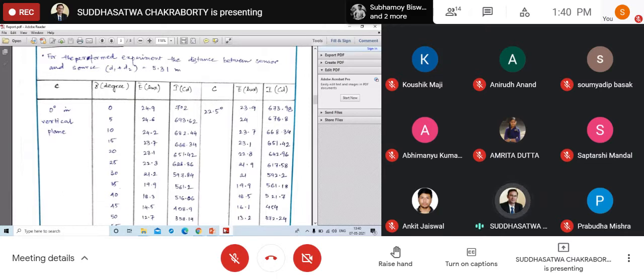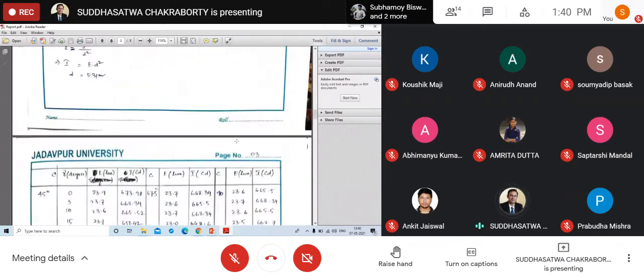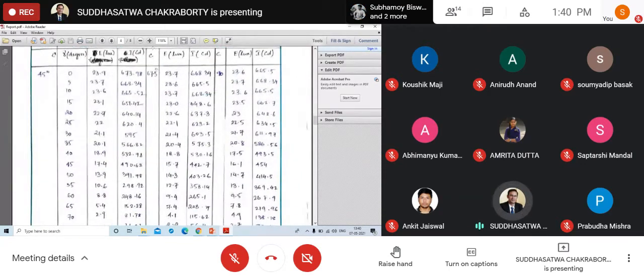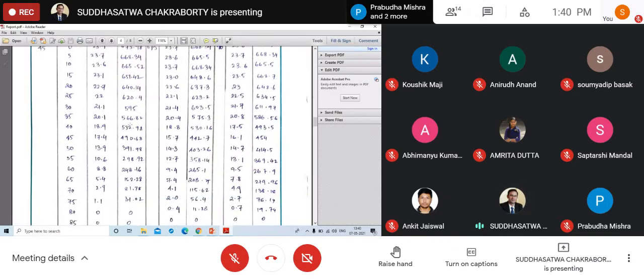Using the inverse square law, at each C angle you can see the different gamma and the intensity. C 22.5, different gamma and the intensity. That's how you will see C 45 degree, C 67.5 degree, C 90 degree, and gamma versus intensity actually plotted.